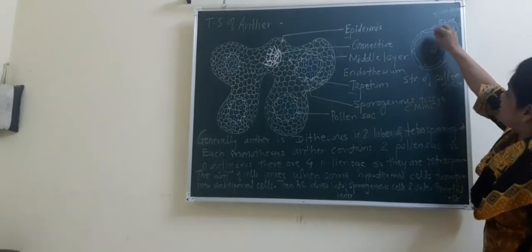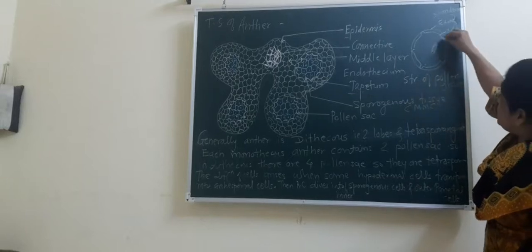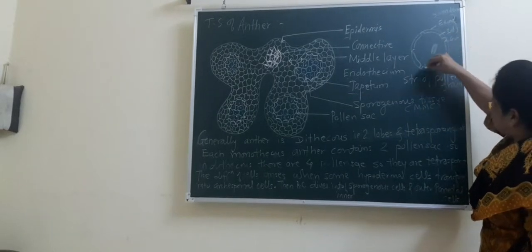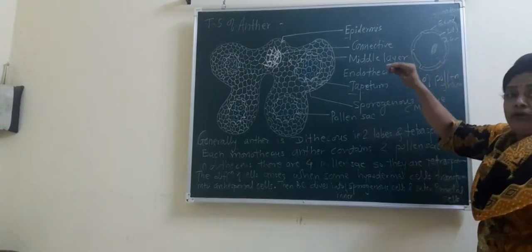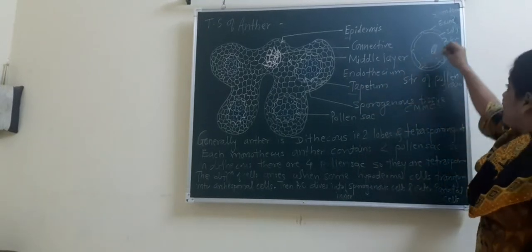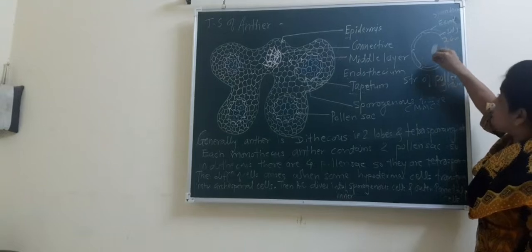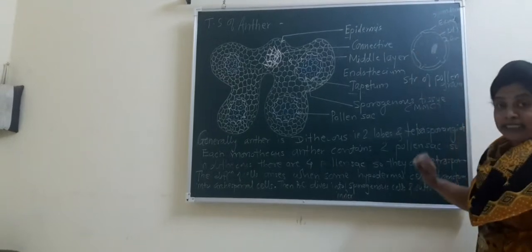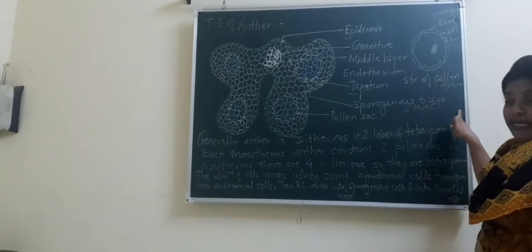Generally this pollen grain shows germ pores, like this. Further they are transferred into the pollen tube. Internally there is a single nucleus and cytoplasm is also present. This is the structure of a pollen grain.